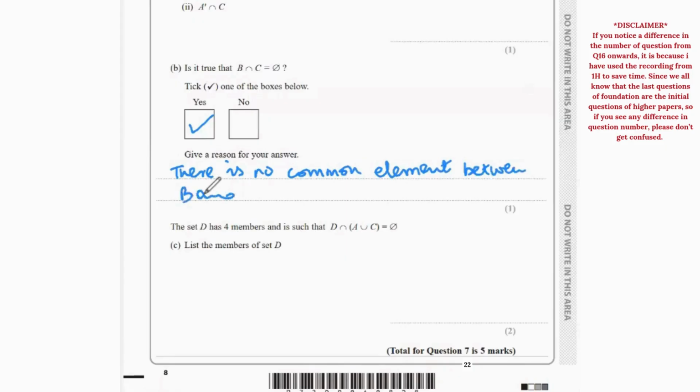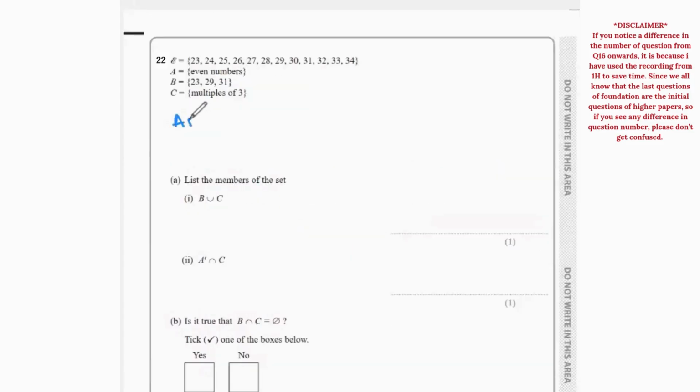Then it says the set D has 4 members and is such that D intersection A union C is a null set. List the members of set D. A union C would be 24, 26, 27, 28, 30, 32, 33, and 34.